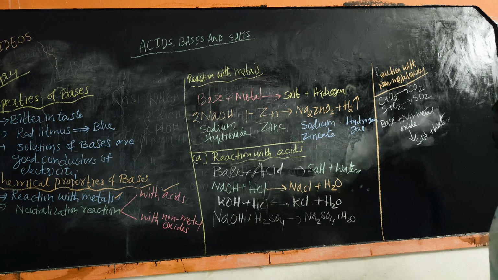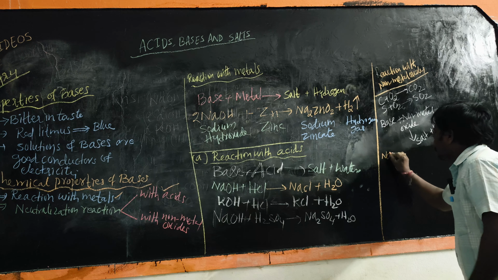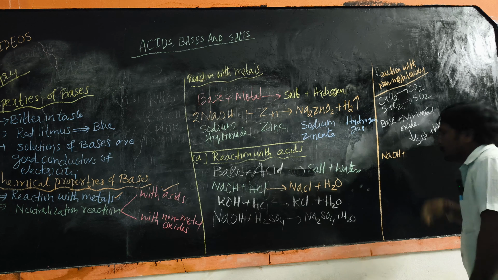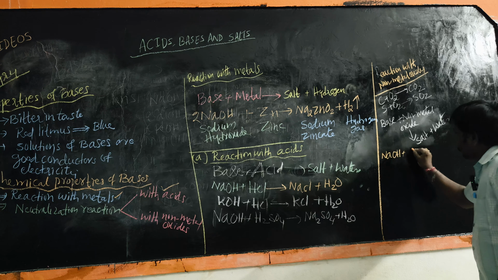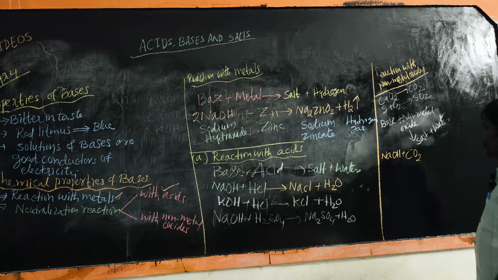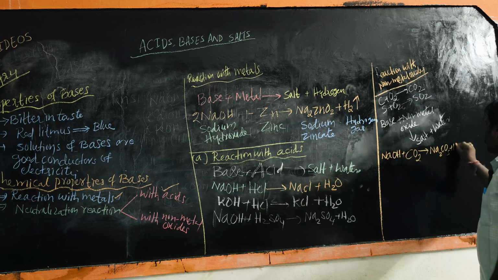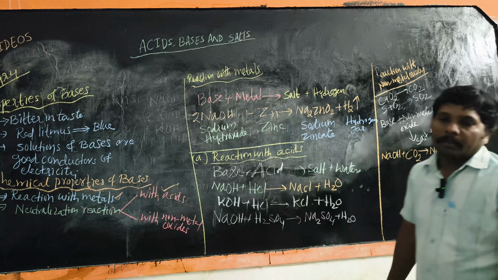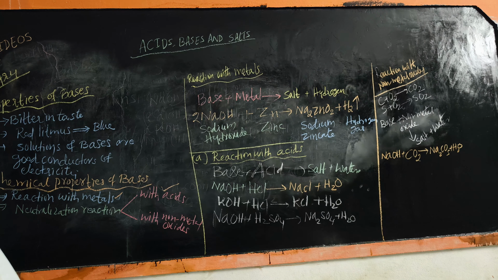Salt and water is formed. Let us explore with an example: sodium hydroxide, which is a base, reacts with carbon dioxide. What happens? Na2CO3 plus H2O.